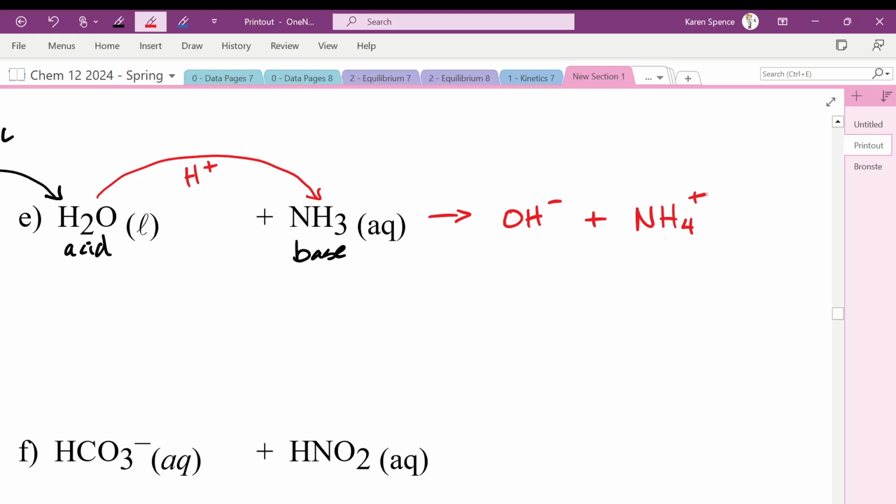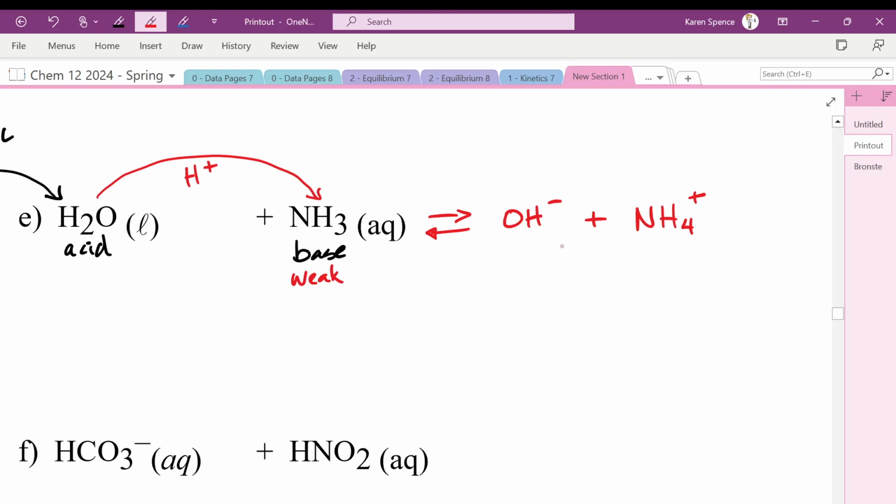Of course. Okay. Now, what kind of arrow should I have in the middle here? Should it be this one-way arrow, or should I make that into a two-way arrow? That should be a two-way arrow because NH3 is a weak base, so it's got to be a two-way arrow.